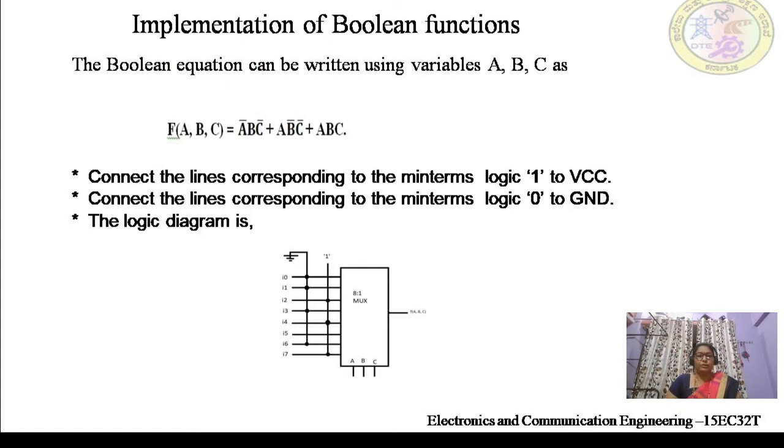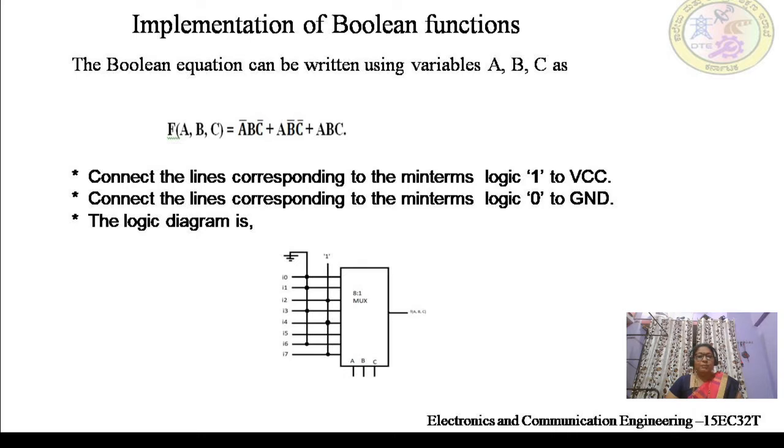See, in this slide, I have shown the Boolean expression. So the same Boolean expression, that means f of a comma b comma c is equal to summation 2 comma 4 comma 7 can be written using the variables as f of a comma b comma c is equal to a bar b c bar plus a b bar c bar plus a b c.